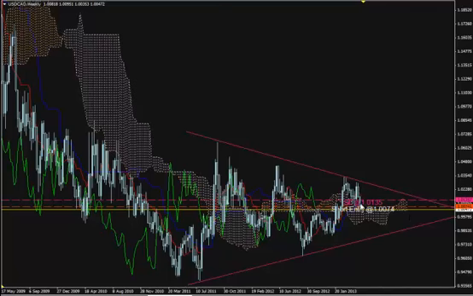Now, will price go down and break the Kumo and go through the Kumo and go from the other side and break this trend line? If this trend line breaks, then yes, we are going to have this huge breakout. But odds are it may bounce back and go up again till this trend line, or it may break the upper trend line and go this way.